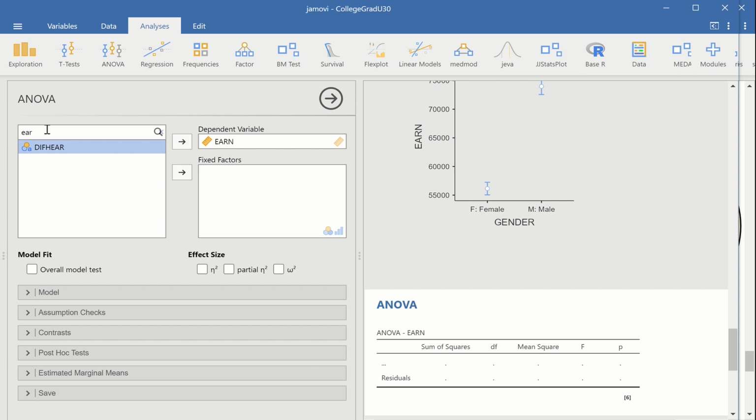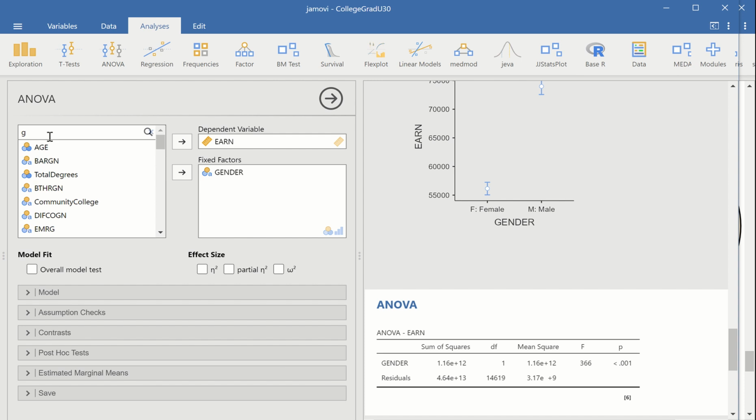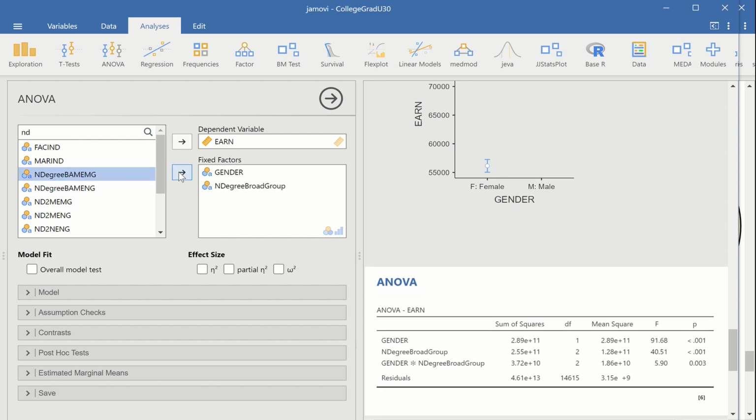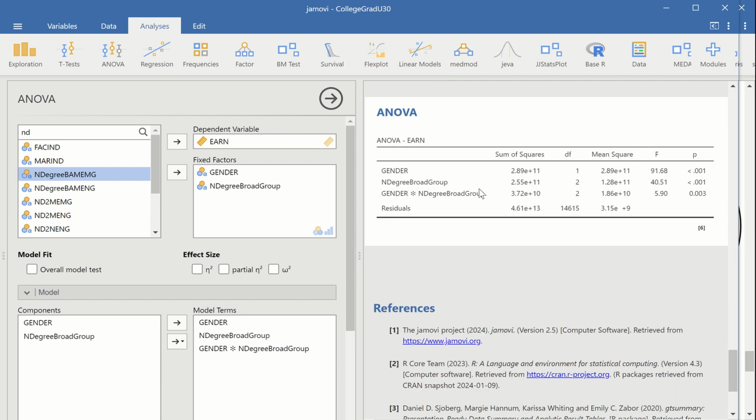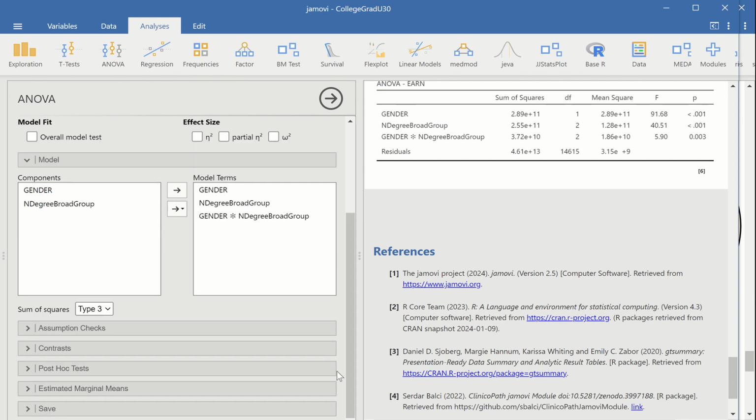And then we might want the factors of gender, and then we could look at the broad group here, and then we would go to our model, and it's got the full model there, and we do see significant differences there, but we can't really see it, and that's why we really like graphs.